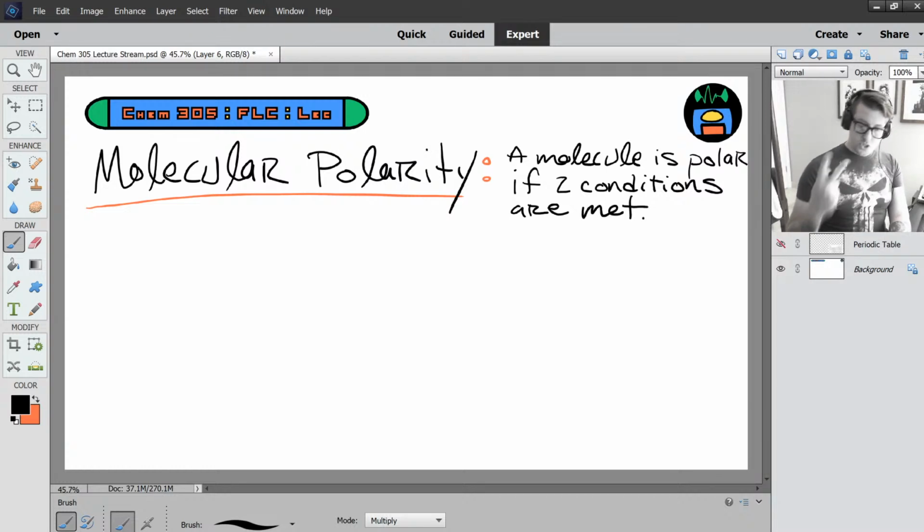All right. Two conditions have to be met if a molecule is to be considered polar. The first is your molecule has to have polar bonds.